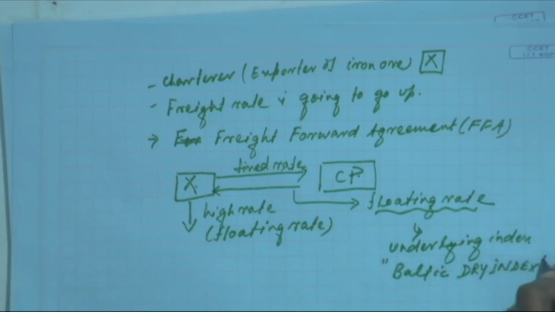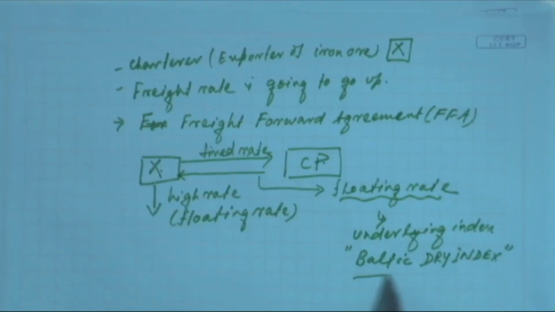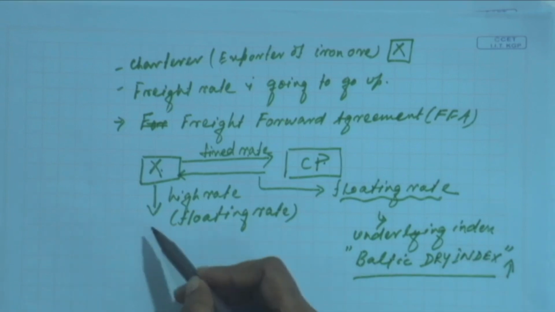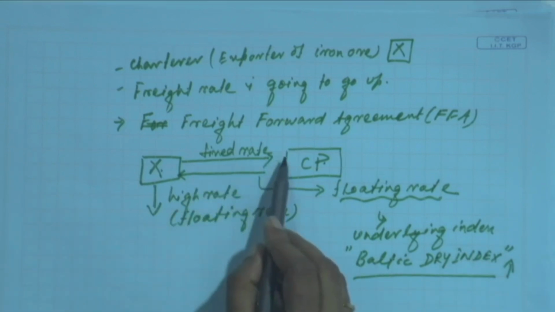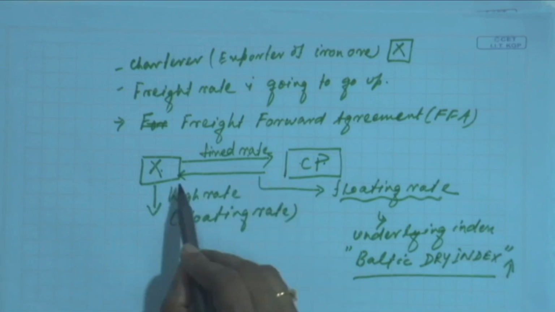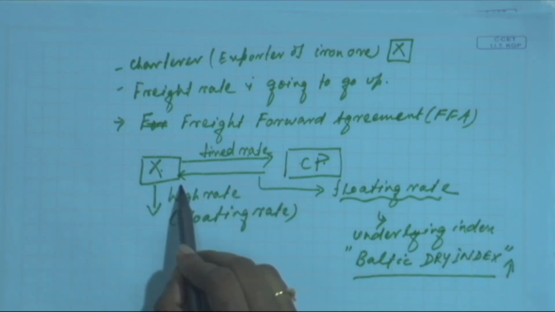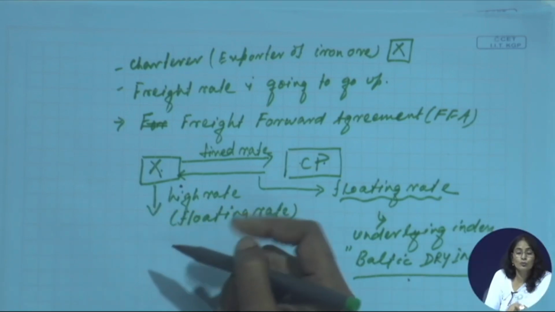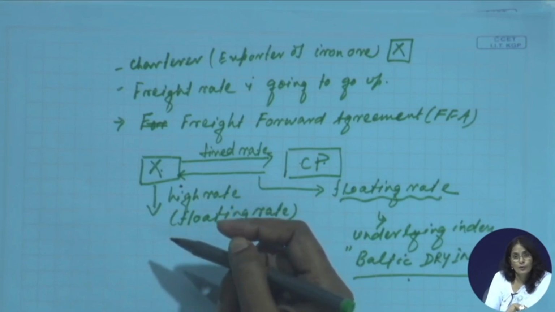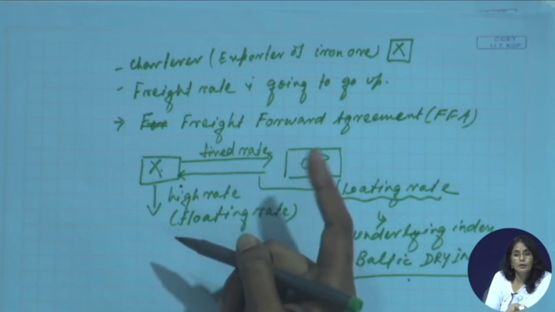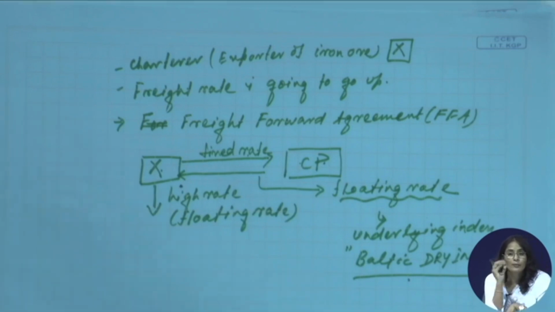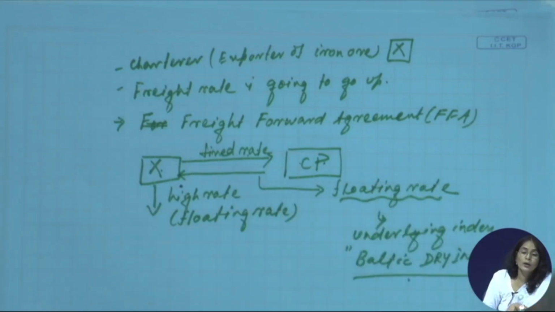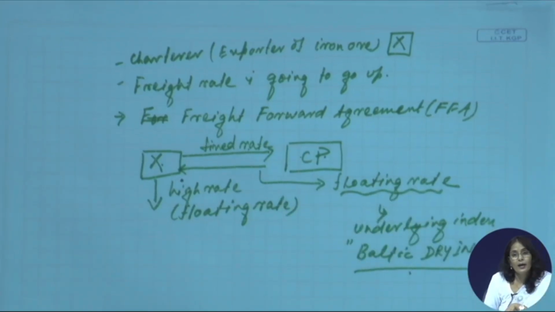So if the Baltic Dry Index value has gone up, and the charterer's fear has come true, he will be paying the fixed rate to the counterparty, and he will be receiving a floating rate, which is the higher dry index value. And simultaneously, when he goes to a shipper for a contract of affreightment or a voyage, he will be paying a higher rate.